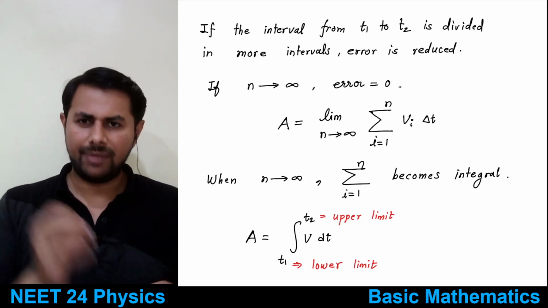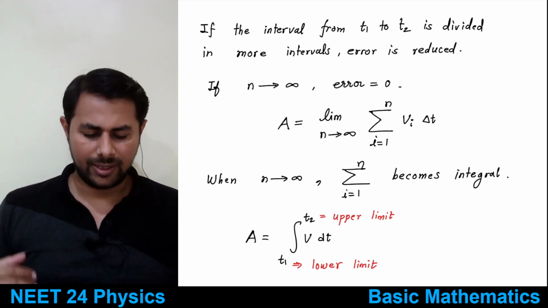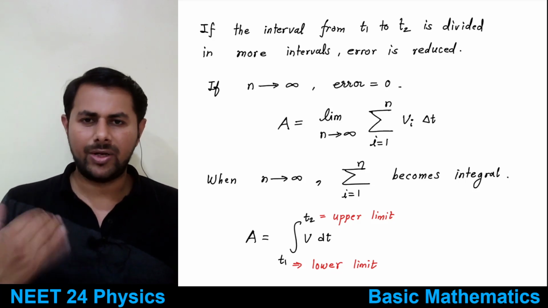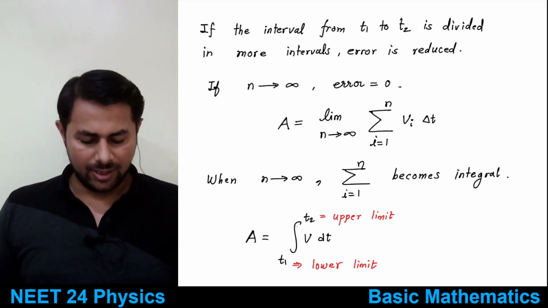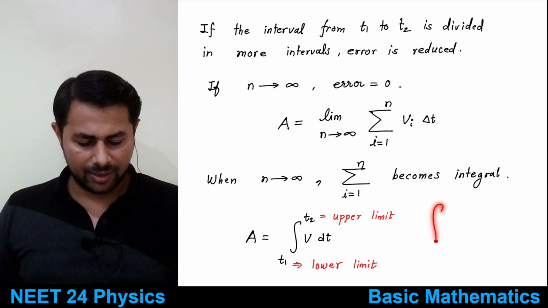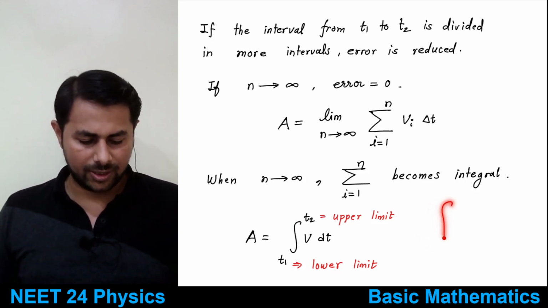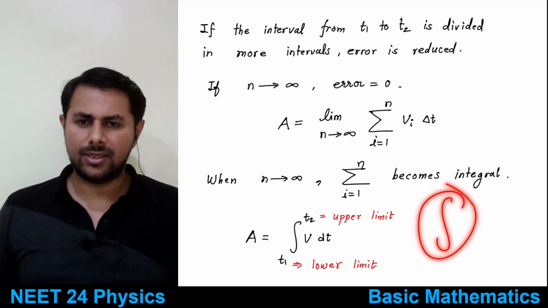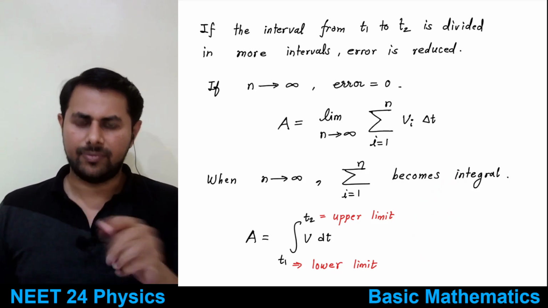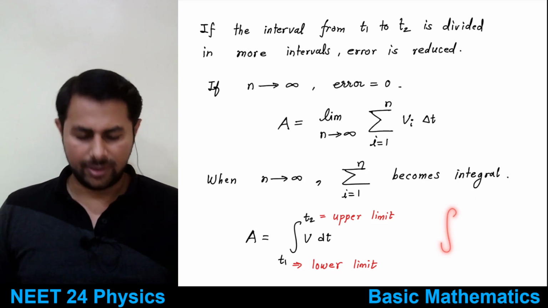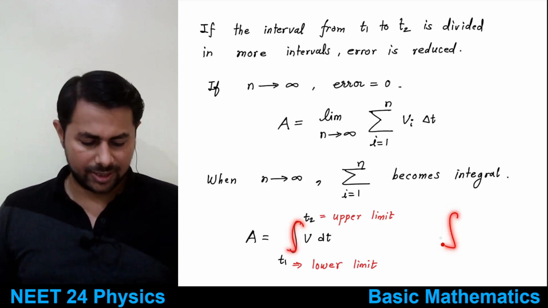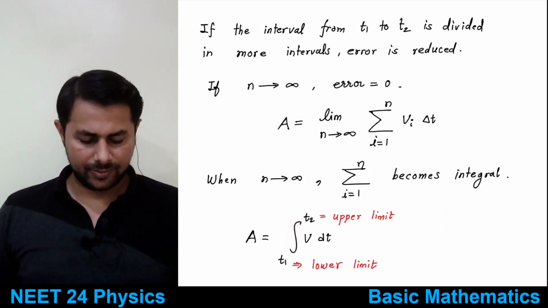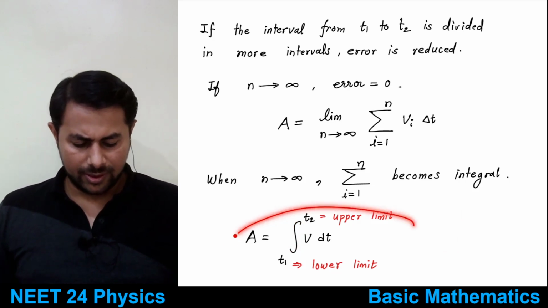We are doing the same thing actually, taking an infinite sum, but we are calling it an integration. And if you see the symbol of integration, it is just an elongated S. It is just to remind us that we are taking nothing but a sum. S is for sum. This is the symbol of integration.